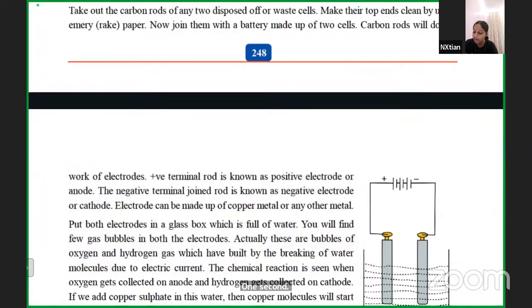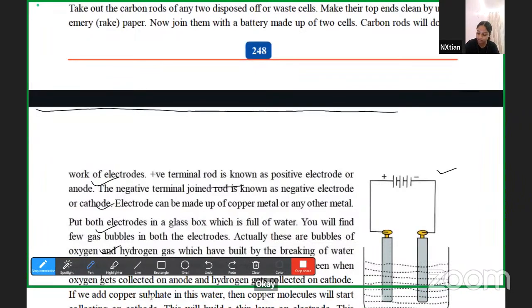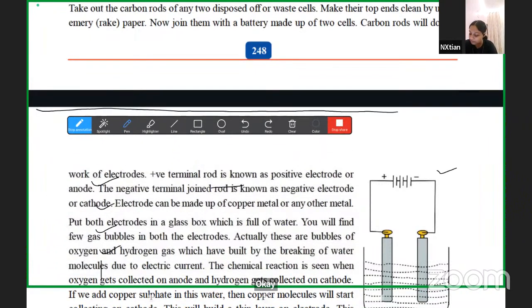So, two carbon rods we have here, and they are joined together with a battery made up of two cells. This is the battery, and these are the carbon rods.